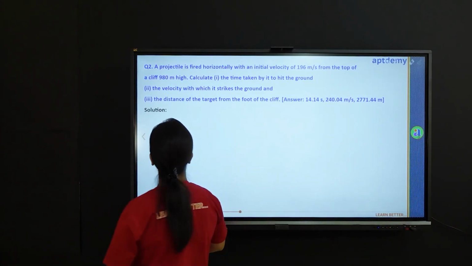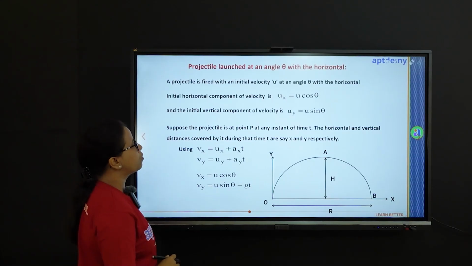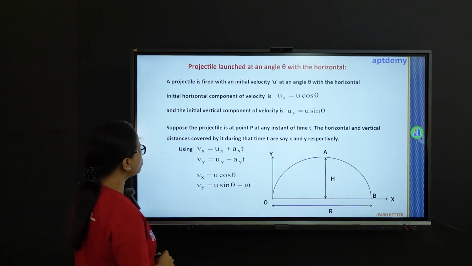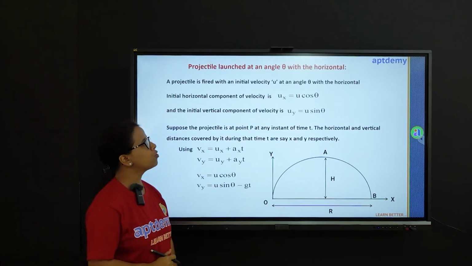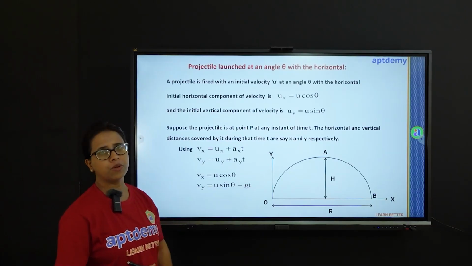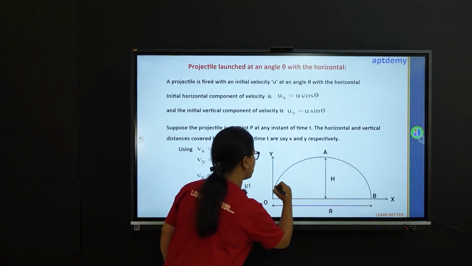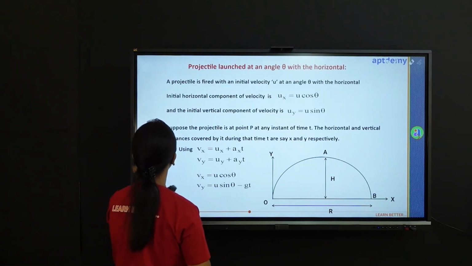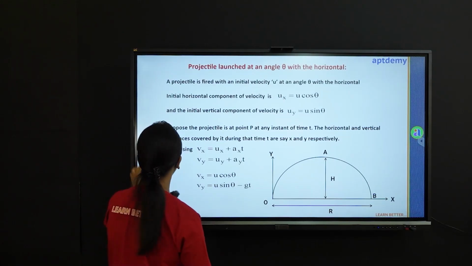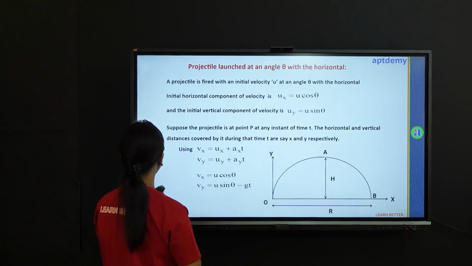Now let us discuss the case of a projectile that has been launched at a certain angle with the horizontal. Suppose we have a projectile that has been fired with a velocity, say u, and at an angle of theta with the horizontal.